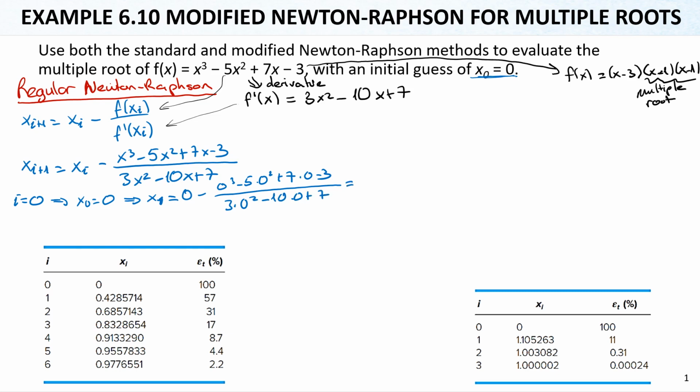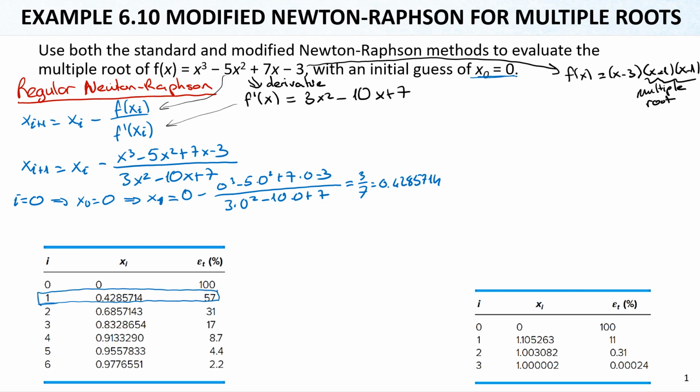So x1 becomes, at the top we have minus 3, at the bottom we have 7 only, so it's 3 divided by 7, and it becomes 0.4285714. It's here already in the first iteration.